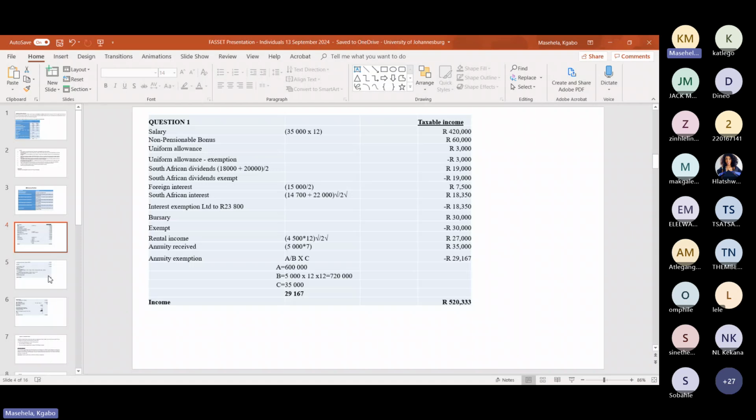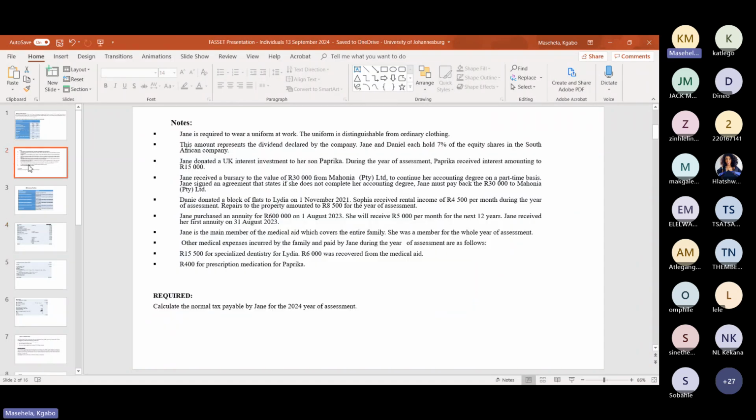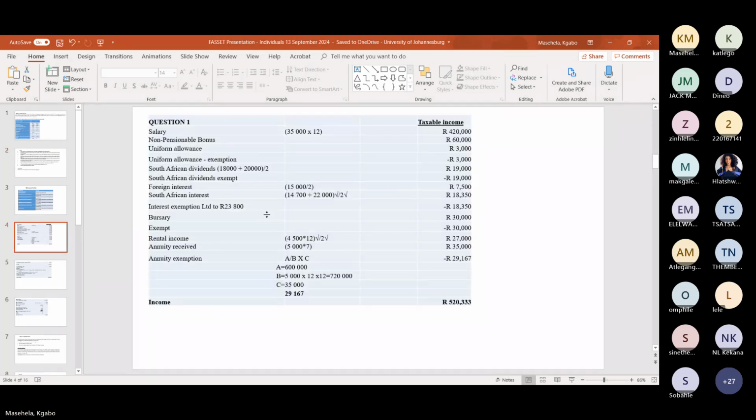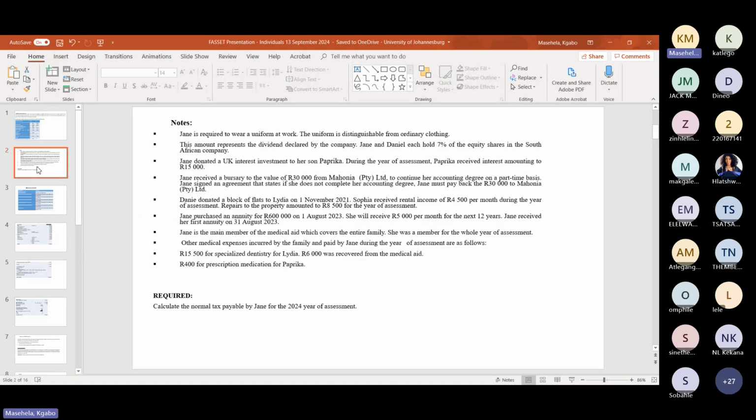Annuity received. Yes, we are told that annuity was received of 5,000. Jane will receive 5,000 per month for the next 12 years. 5,000, but for 7 months, because it is stated.